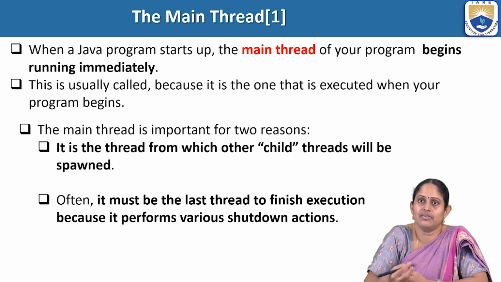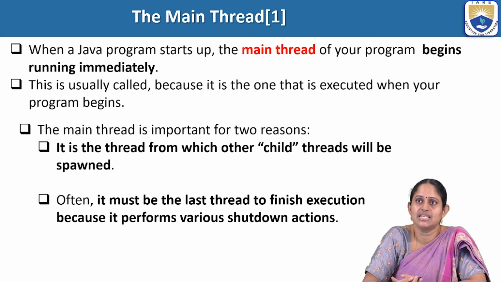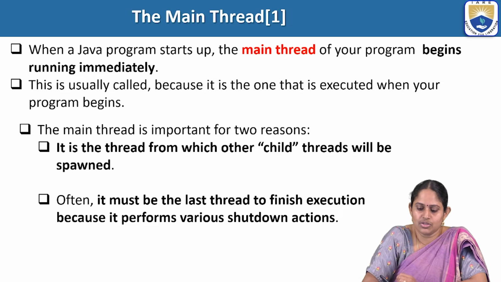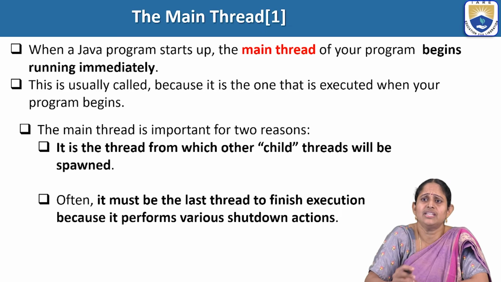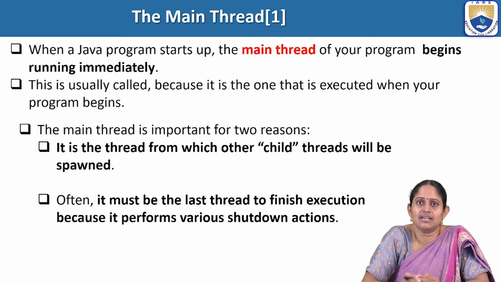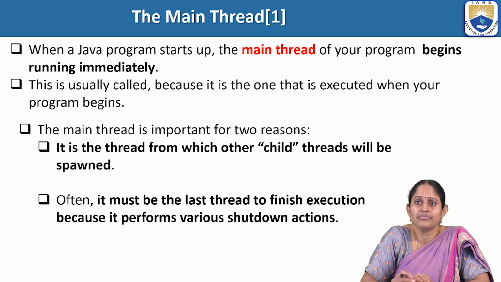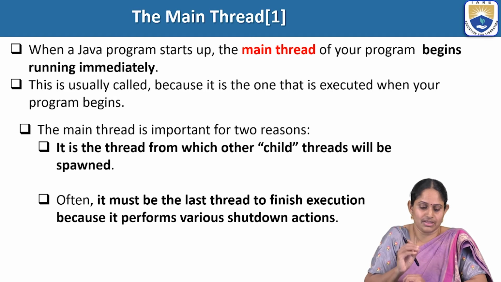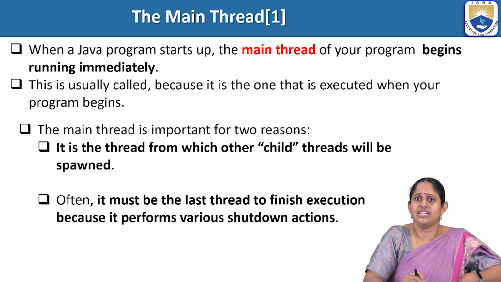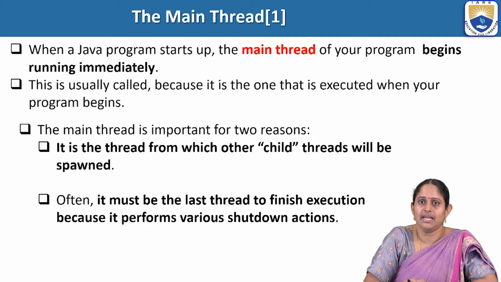It is from this main thread that other threads will be created. The child threads can be created from the main thread, and the main thread is the one that has to finish its execution last.